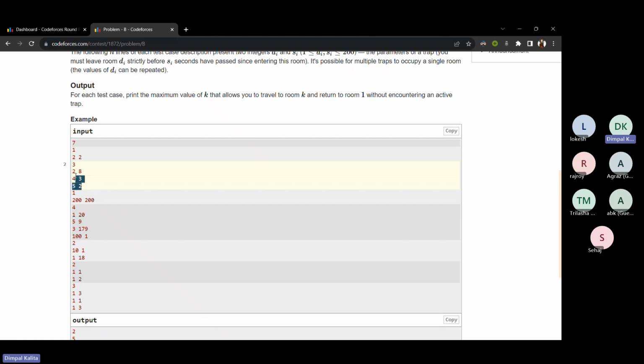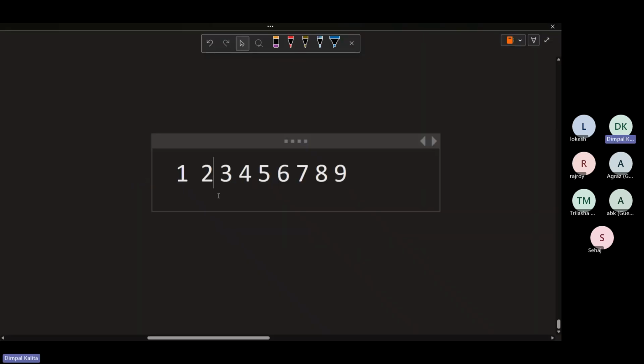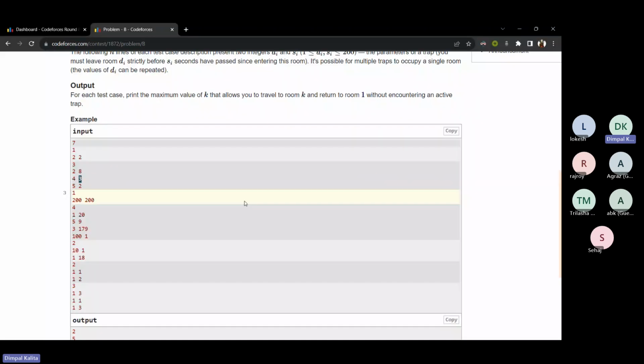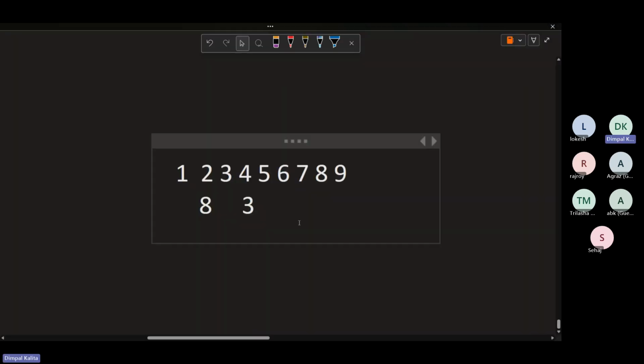Then we have a trap at the 8th position that gets triggered at 8 seconds. We have a trap at the fourth position that gets triggered at third second, and a trap at the fifth position that gets triggered at 2 seconds.